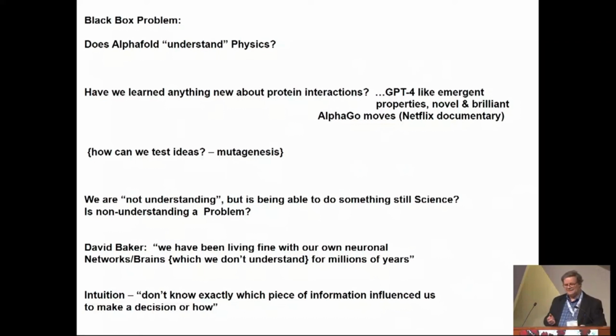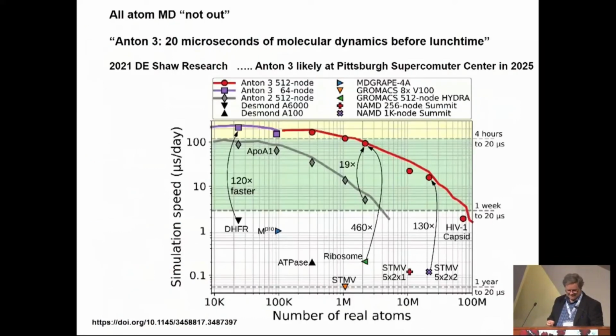David Baker in the webinar was asked that question, and he thought, well, we've been living fine with our own neural networks for millions of years, so it should be fine. But I would say that, no, as scientists, we want to understand and abstract rules and then tinker with them. But classical molecular dynamics is a major force still.